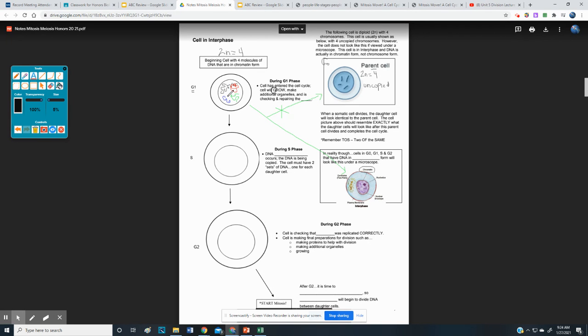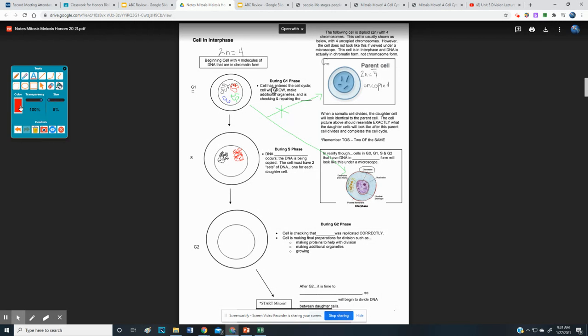Because remember, we need to take the cell and split it into 2. So we need 2 sets of DNA. So to kind of emphasize that, take this black chromosome and double it. Make it twice as big. Same with the red. Make it a pile of DNA that's twice as big as the original.